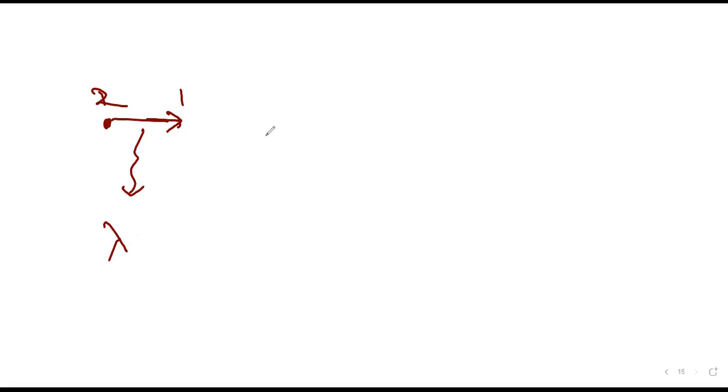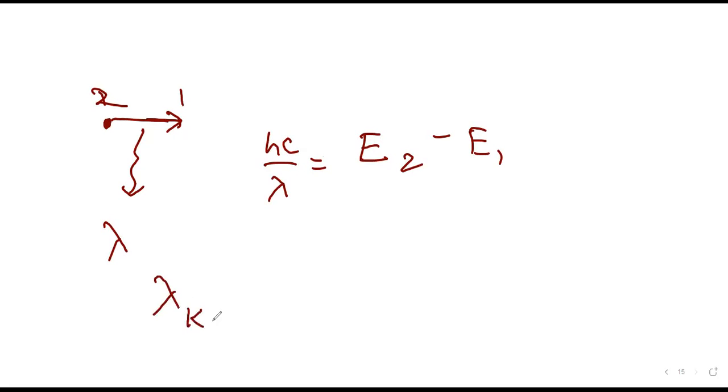So I will write, it's very simple: hc by lambda is equal to energy of 2 minus energy of 1. That means if we have to find lambda K alpha, I will write hc by energy of K shell minus energy of L shell.